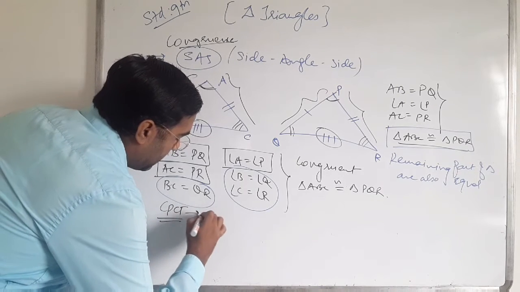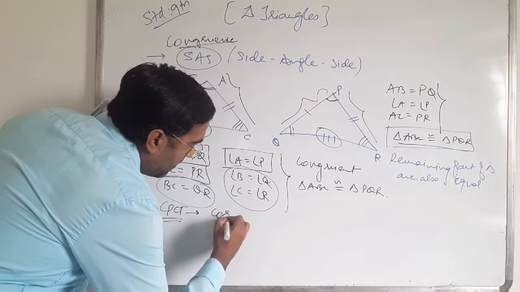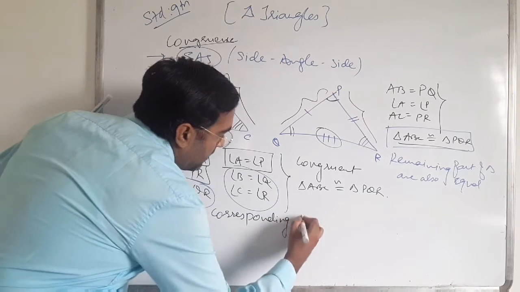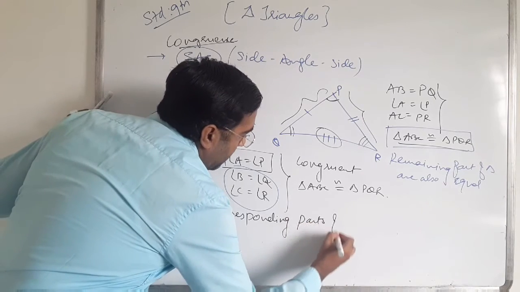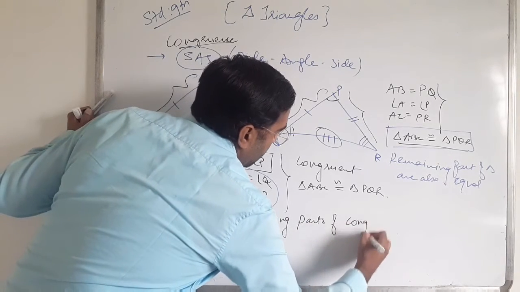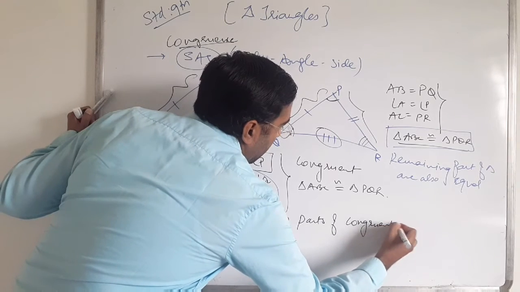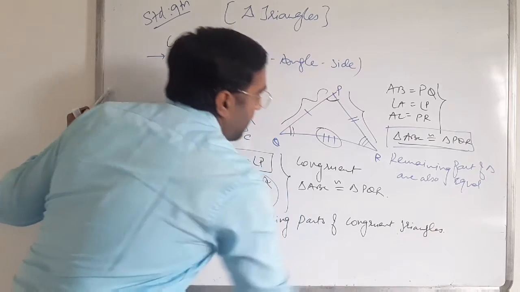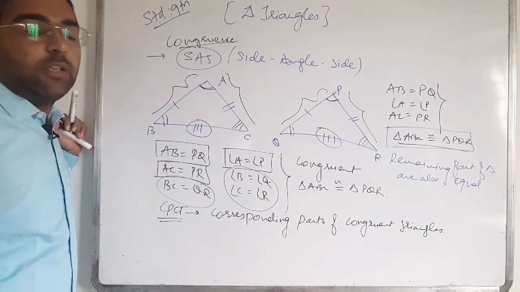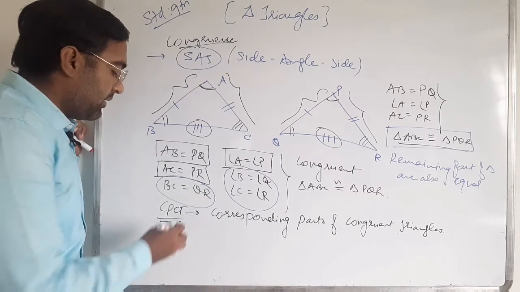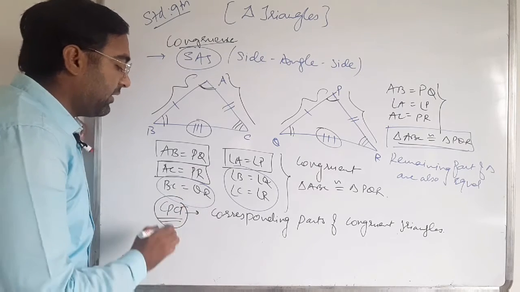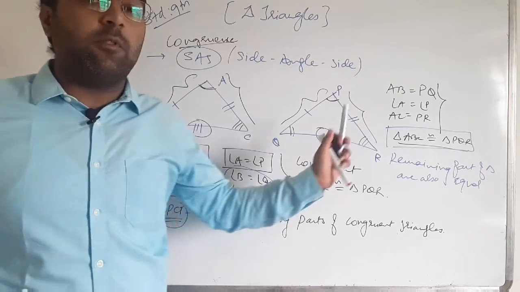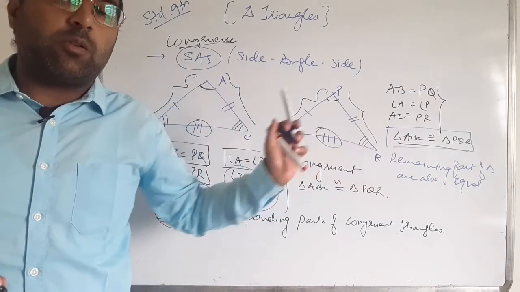What is CPCT? Corresponding parts of congruent triangles. Then I'll write by the CPCT rule, by the corresponding parts of congruent triangles.